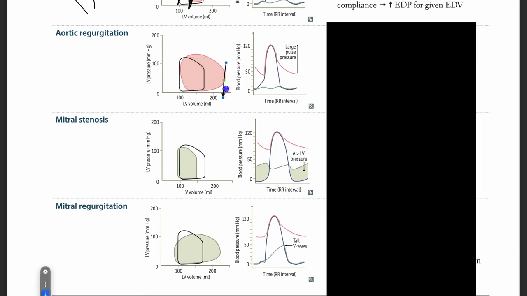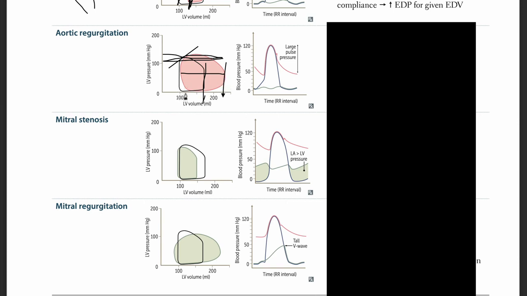So it's over here now instead of here. So that's an increase in preload, or end diastolic volume. There's also an increase in stroke volume, right? The contraction is the same. The pressure on top is almost similar. So maybe a slight increase in the afterload if they want to mention it. Okay.